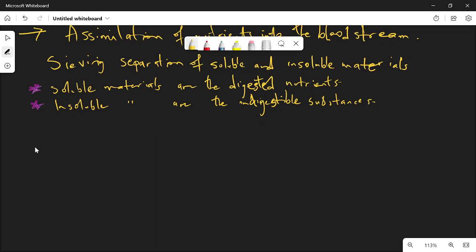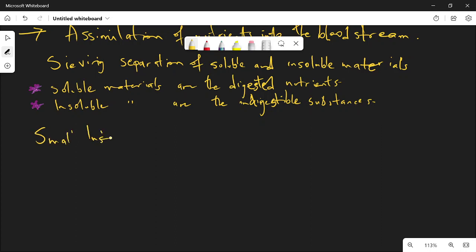Or you can use it to separate two substances of different masses. For example, if you have sand and bean grains, you can easily pour the mixture into a sieve, and that sieve will separate out your sand from your bean grains. So that is what happens in the small intestine. The small intestine is lined.